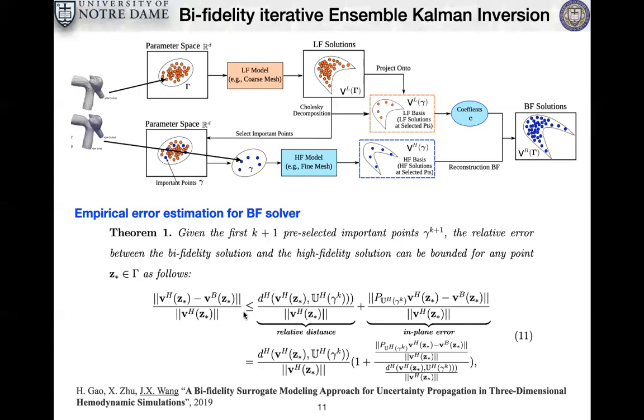And this relative error is bounded by the relative distance, which is dependent on the selected important points and the previous hyperplane space. And another part of the error is the in-plane error, which is formulated here. The actual details of the theorem can be found in the following paper here.